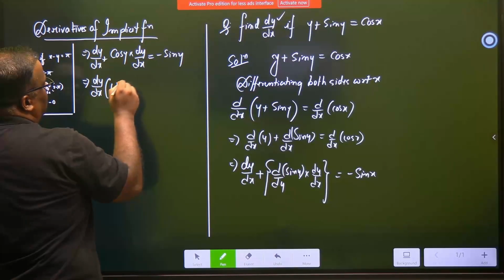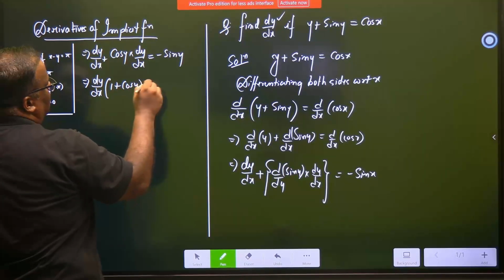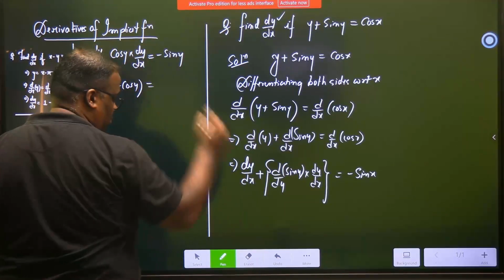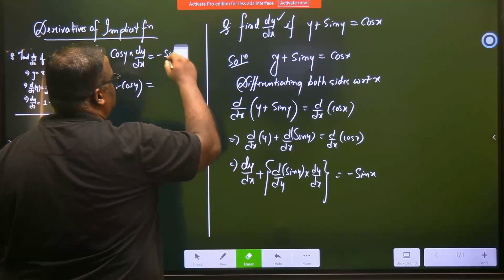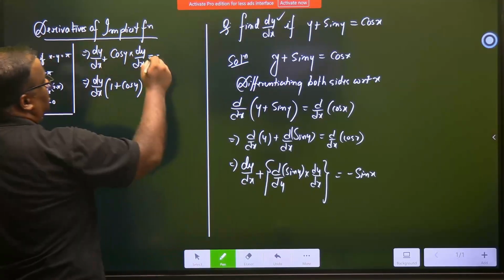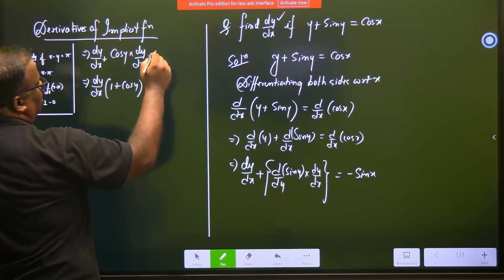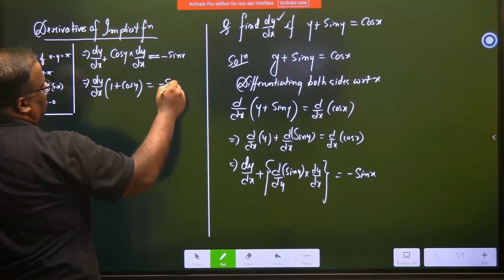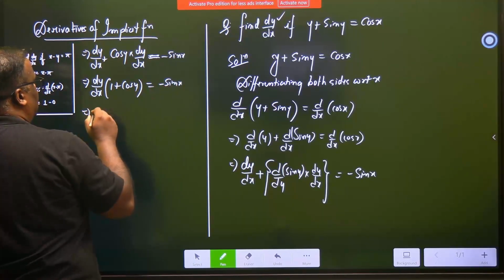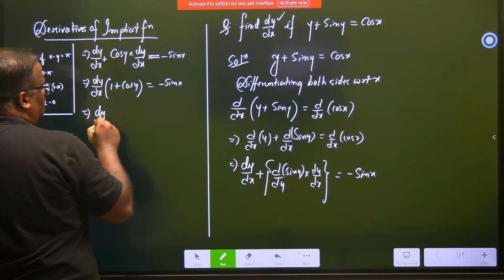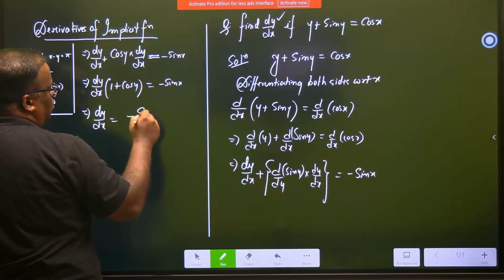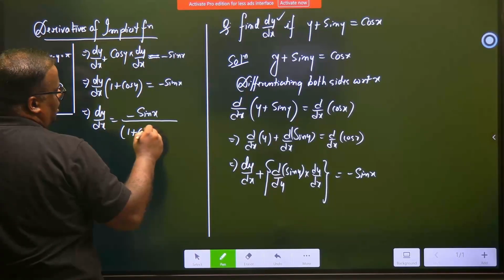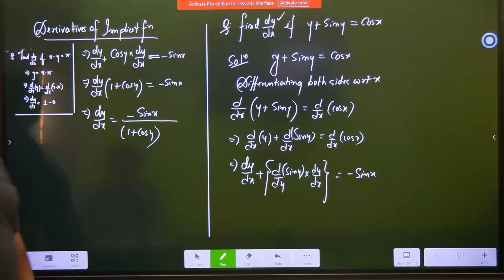It is (1 plus cos y) dy by dx is equal to minus sin x. Or dy by dx is equal to minus sin x by (1 plus cos y). Our problem is done.